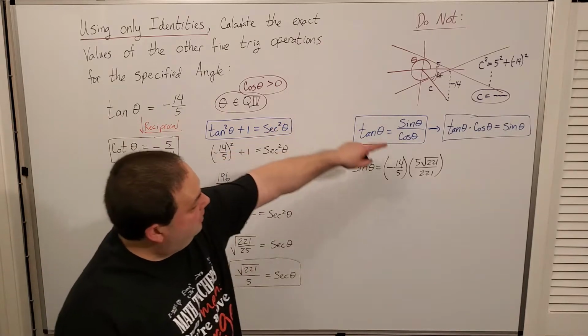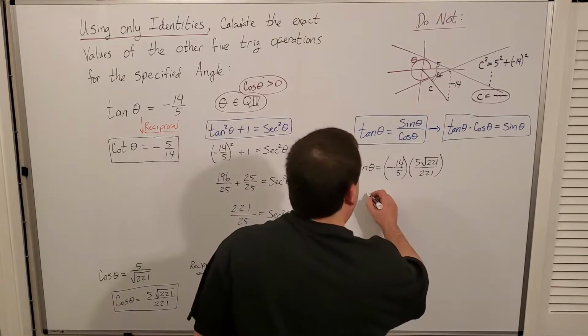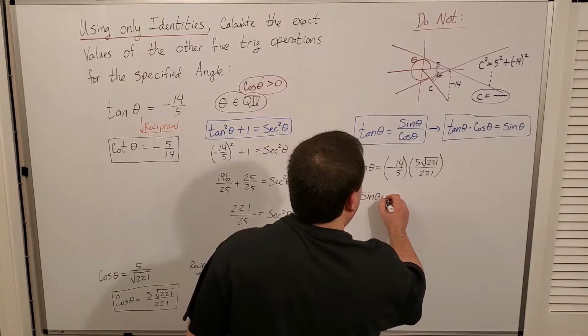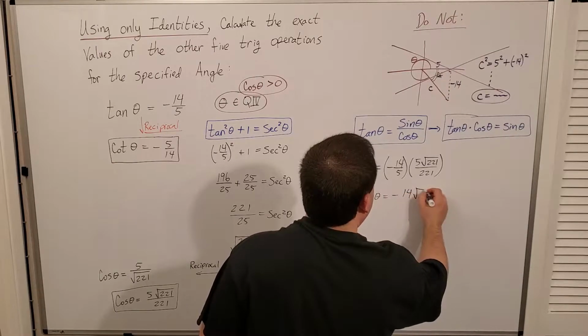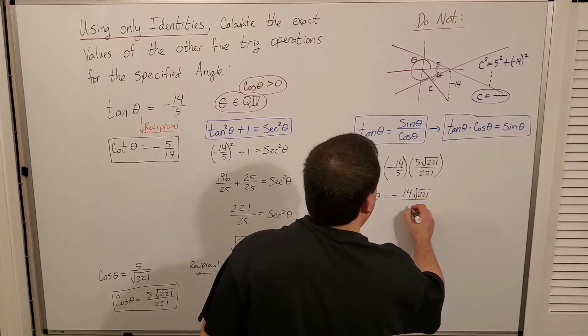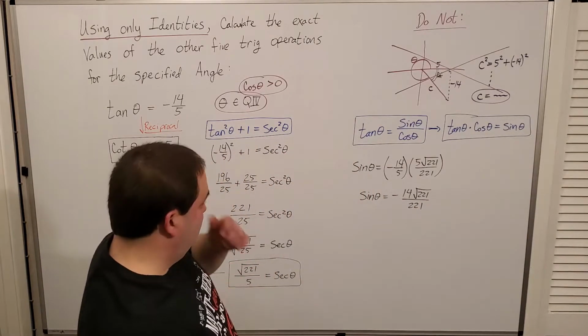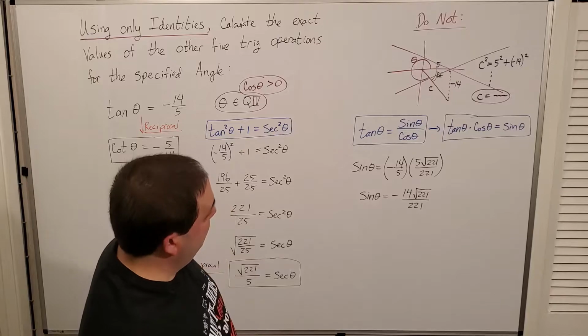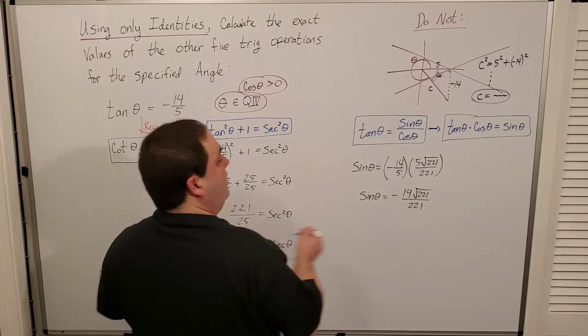And notice the 5's can eliminate here, leaving me with sine theta is equal to negative 14 square root of 221 over 221. Now 221 is 13 times 17, so nothing's still going to reduce from that one. And I now have sine.